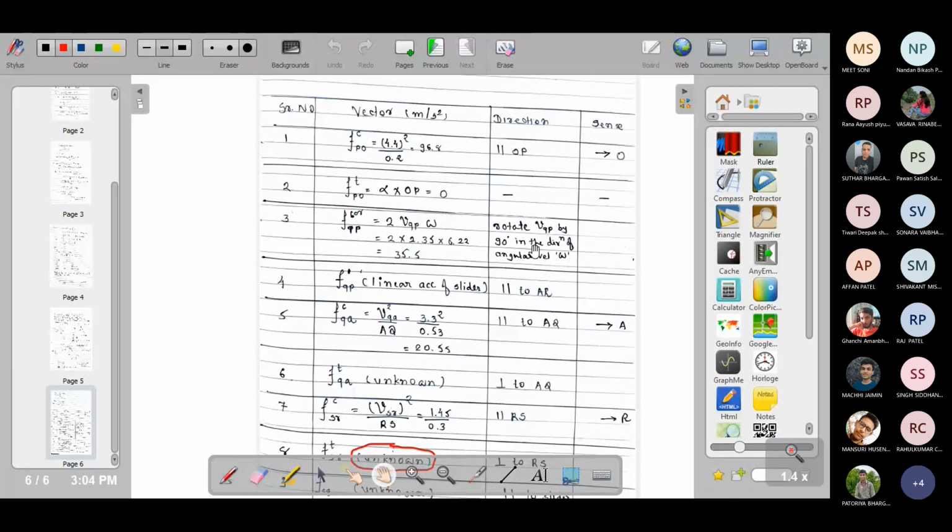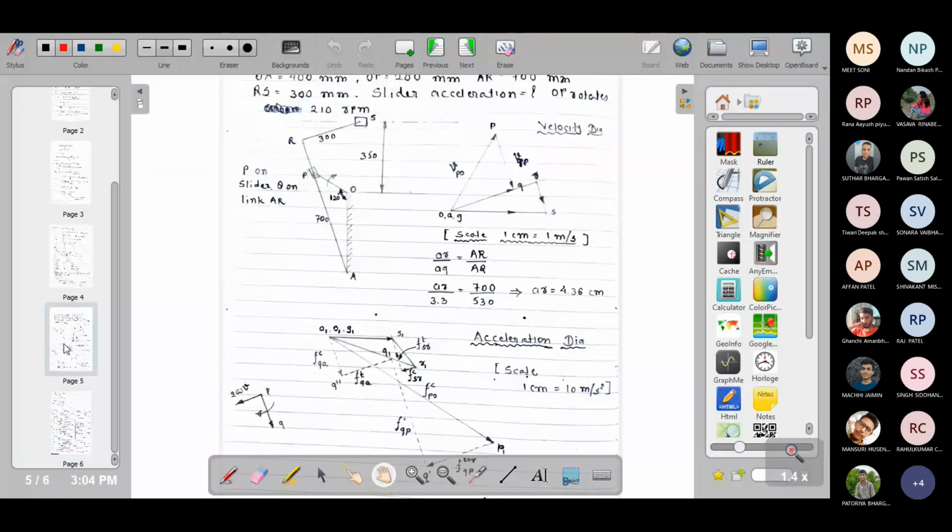Coriolis component कैसे find करोगे? Direction. Any student, how will you find direction of Coriolis component, 2 omega v? Yes, you have to rotate velocity vector of slider. So velocity vector of slider, it is this one. Now this vector you have to rotate 90 degree in the direction of omega.